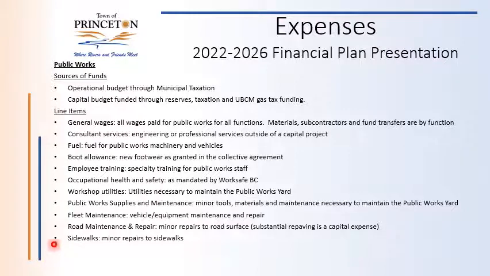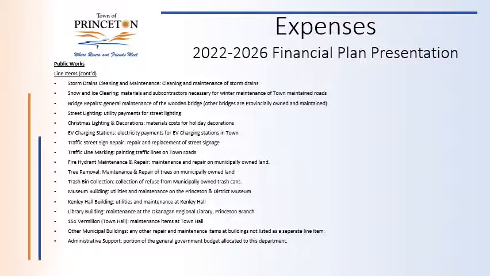Obviously, if it's major road repairs, those become a capital item, but pothole repair and minor crack fixes and such are operational expenses. Basic sidewalk repairs, storm drain cleaning, snow and ice clearing, bridge repairs, street lighting. All these are fairly self-explanatory. Street sign repair, line marking for roads as well.